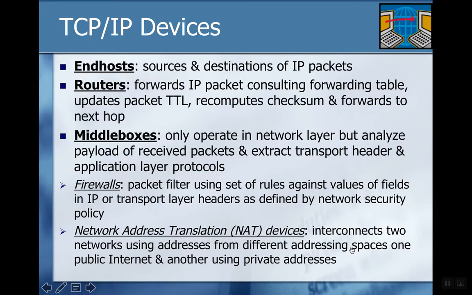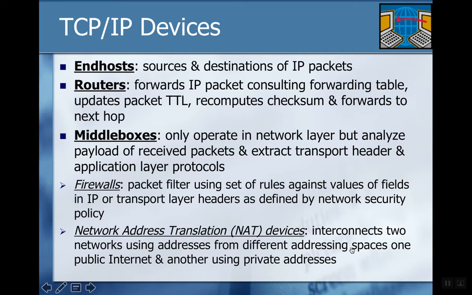And then network address translation devices. Basically, it enables the utilization of private addresses for machines. Theoretically, everything on the internet has to have a unique address, but with IPv4, you've only got a limitation of 32 bits, which means about 4 billion devices.